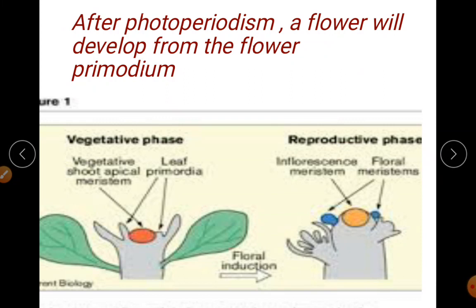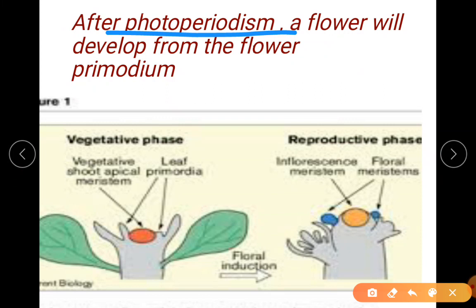After photoperiodism, flower will develop from the flower primordium. Now this sentence is trying to say a flower can develop only after the induction of a light period. You all remember photoperiodism? A duration of your daylight and also a duration of night period.